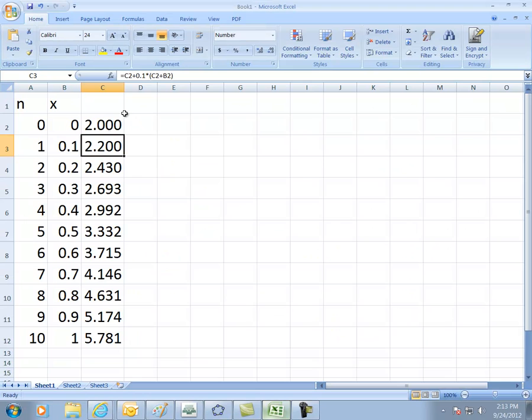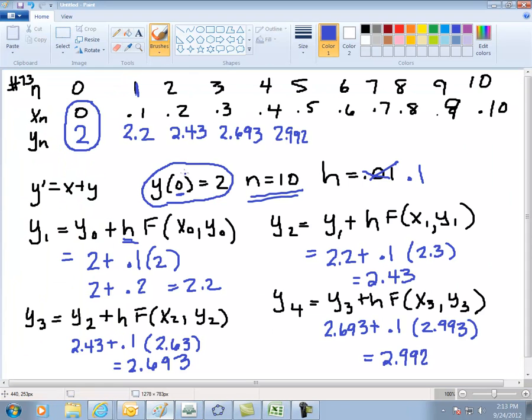It says take your original answer, add 0.1 times, again that was my h being 0.1, times, then I take C2 plus my x, my y plus my x. Should have indicated these were my y's. So in the next step, it's going to be C2 plus B2. And then in the next one, it's going to be C3 plus B3. Obviously, I'm using that because my function was x plus y.